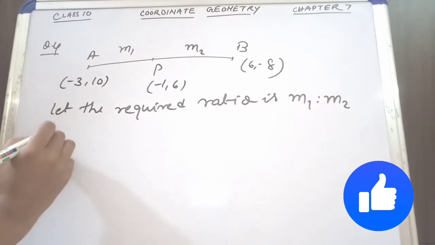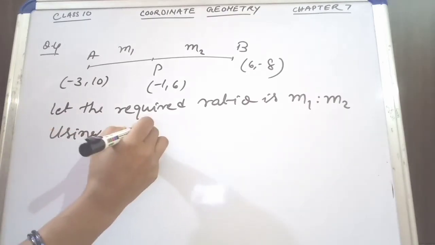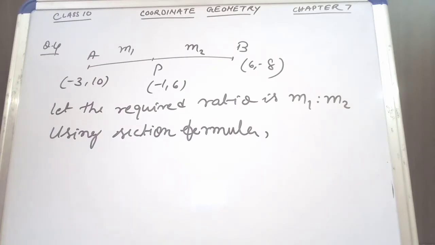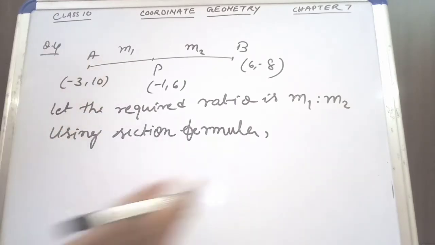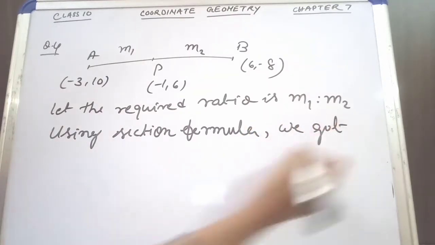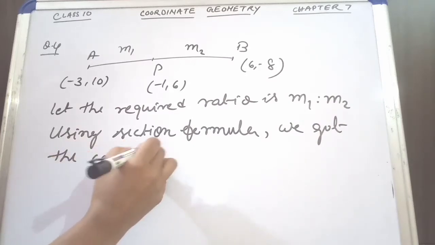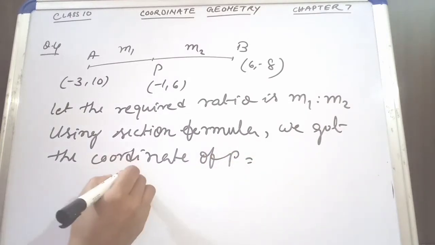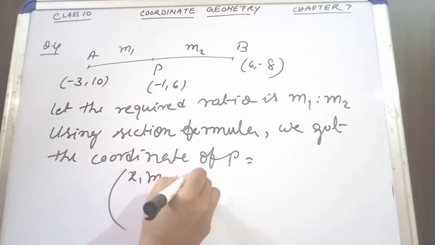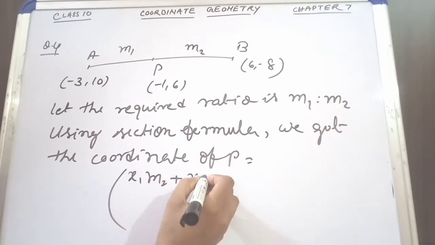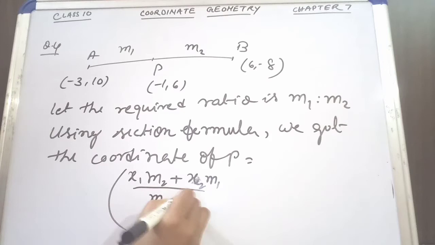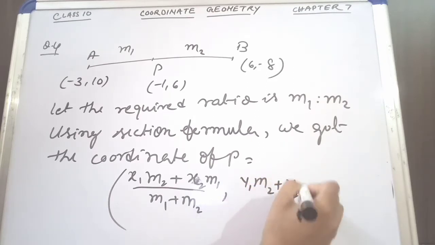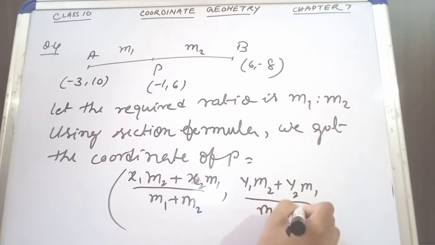So using the section formula, we get the coordinate of P is equal to (x1 m2 plus x2 m1) upon (m1 plus m2), and the y coordinate is (y1 m2 plus y2 m1) upon (m1 plus m2).